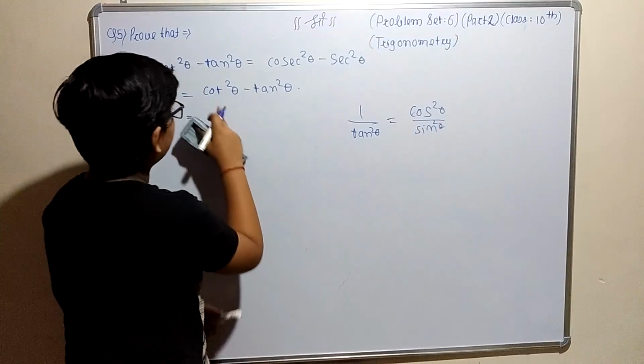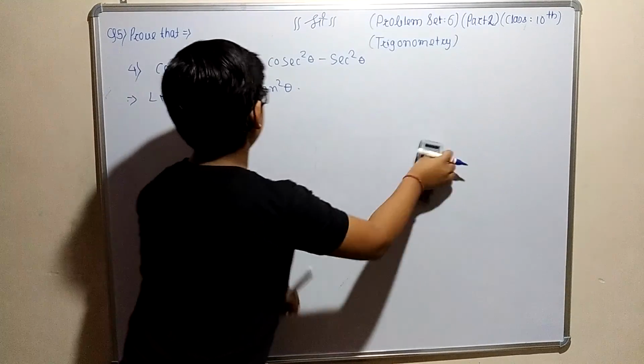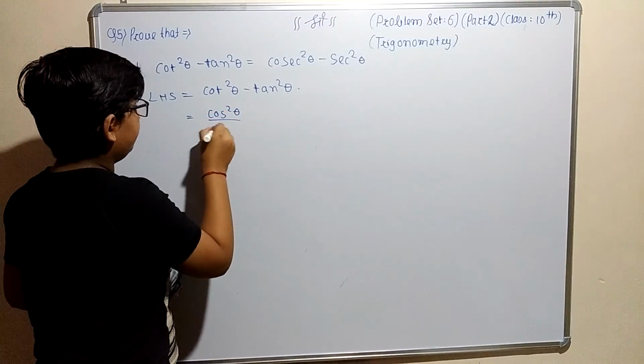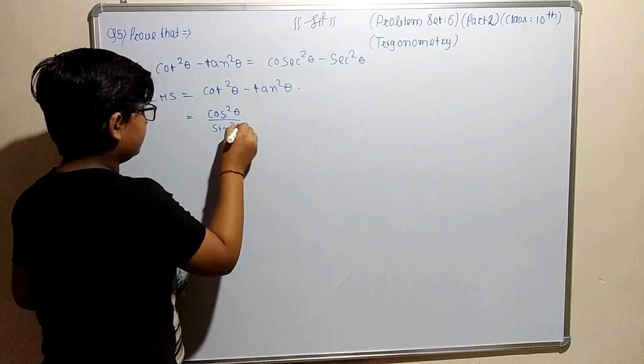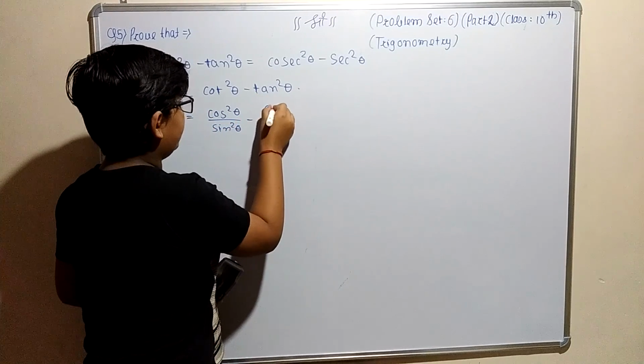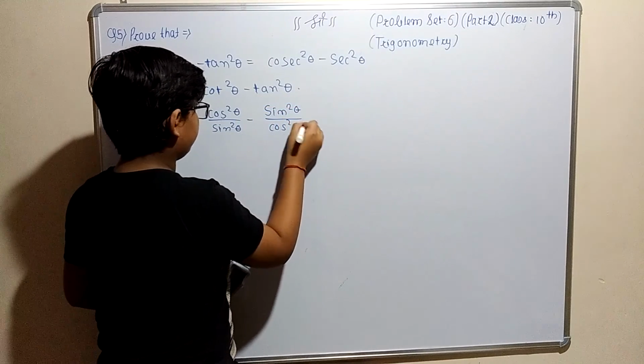That's why we have taken cot square theta as cos square theta divided by sin square theta. So we can write it as cos square theta divided by sin square theta minus tan square theta, which can be written as sin square theta divided by cos square theta.